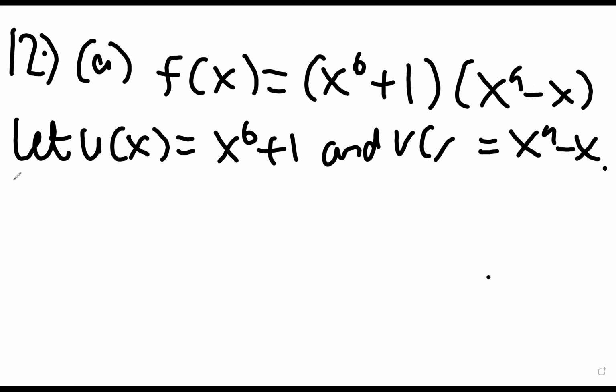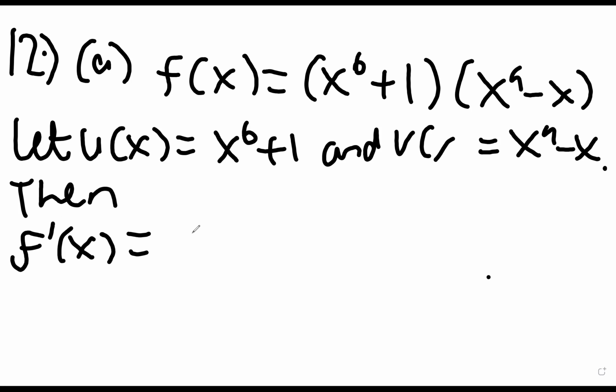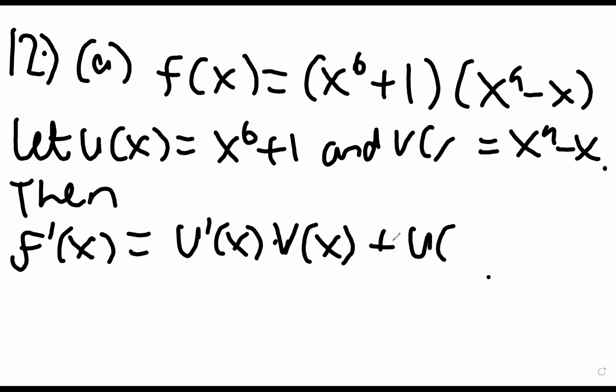In this case, by the product rule, we have f prime of x equals u prime of x multiplied by v of x, plus u of x multiplied by v prime of x.